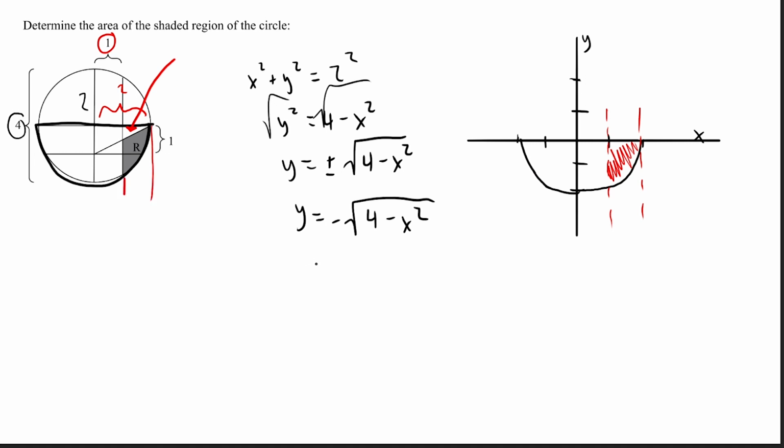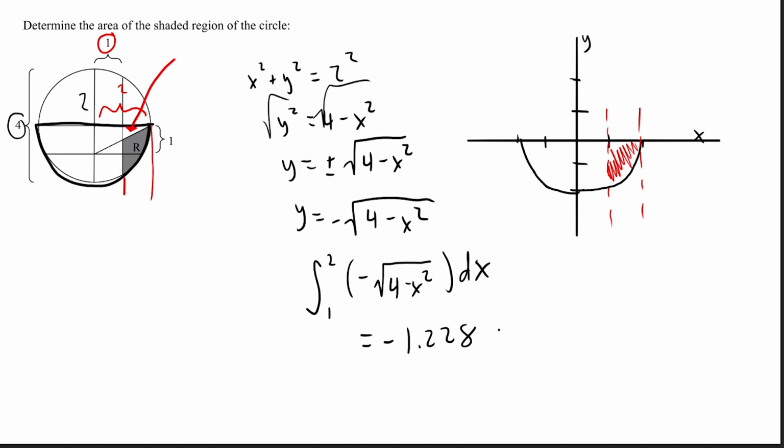So let's do that. We have the integral from x equals 1 to x equals 2 of negative square root of 4 minus x squared dx. You can try doing this by hand, but I'm going to use a calculator since integrating this by hand is quite tedious. And my calculator yields negative 1.228.